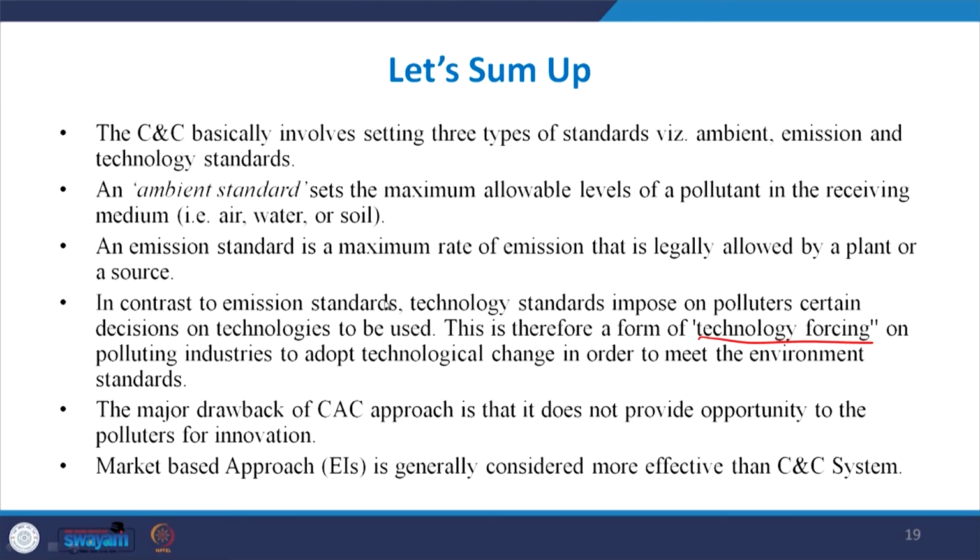This is therefore a form of technology forcing on polluting industry to adopt technological change in order to meet the environmental standards. I have also explained to you the different merits and demerits of command and control system, and also we know the merits and demerits of technology standard, which you have just studied.